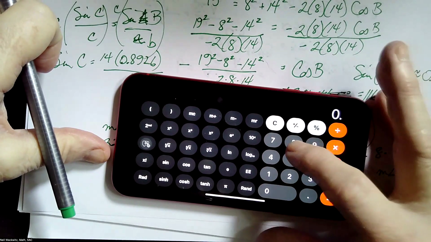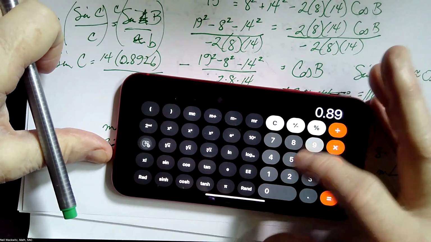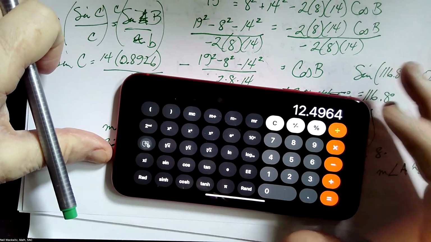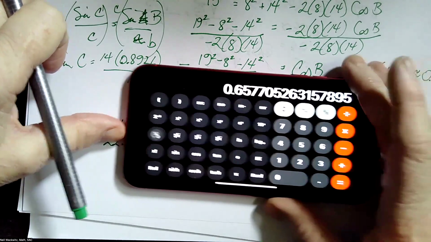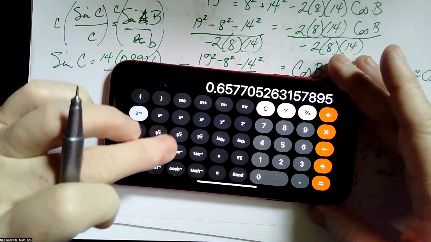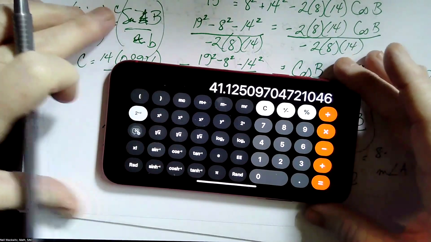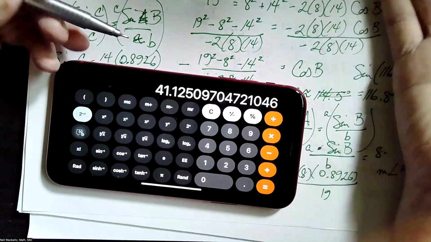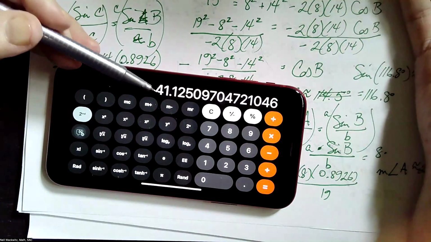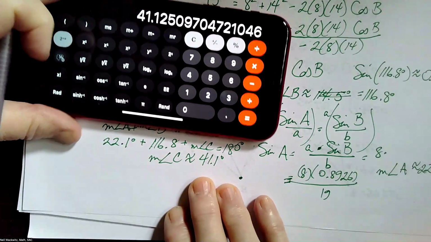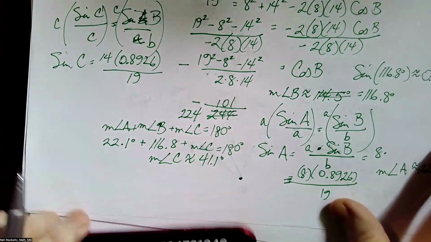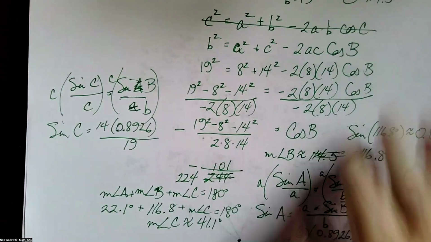Times 0.8926 divided by 19. Inverse sine. And we see that, again, angle C is 41.1. It doesn't always work out that beautifully, but this time it did. So that's wonderful.